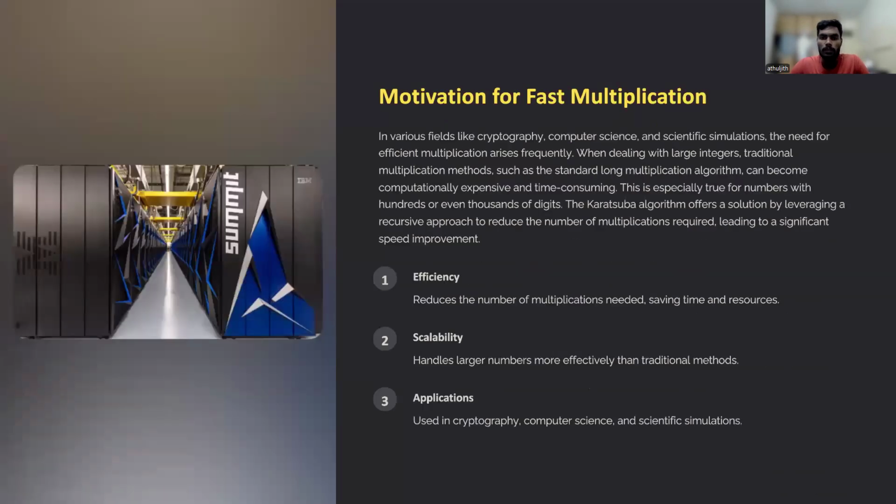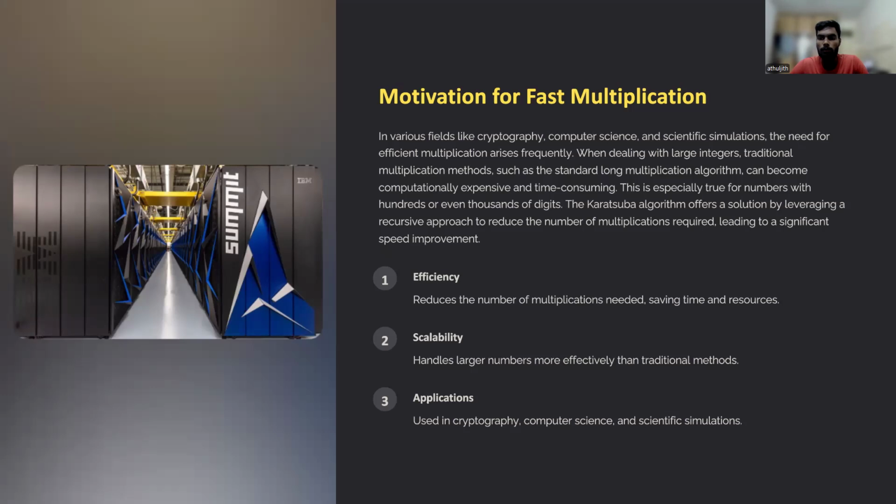Motivation for fast multiplication. In various fields like cryptography, computer science, and scientific simulations, the need for effective multiplication arises frequently. When dealing with large integers, traditional multiplication methods such as the standard long multiplication algorithm can become computationally expensive and time consuming. This is especially true for numbers with hundreds or even thousands of digits.